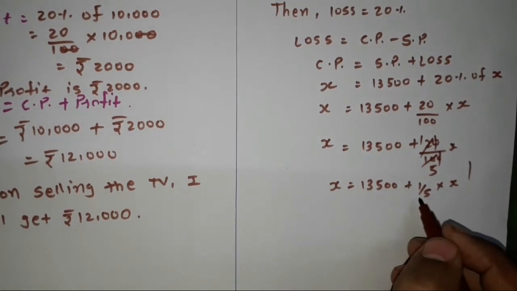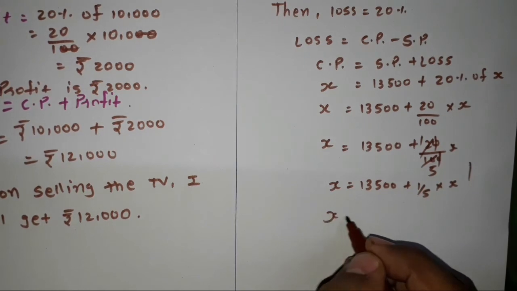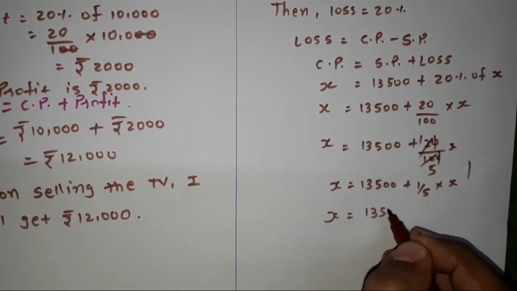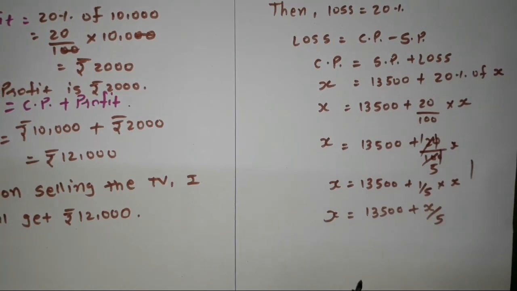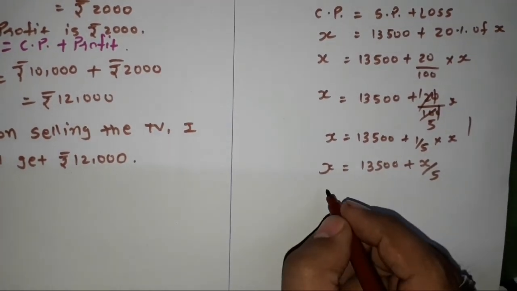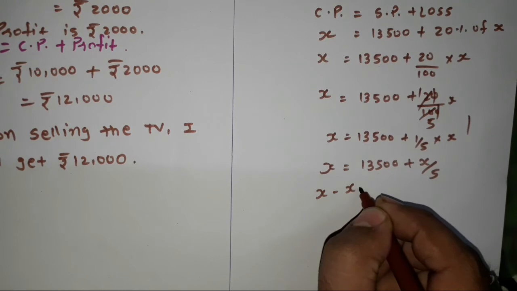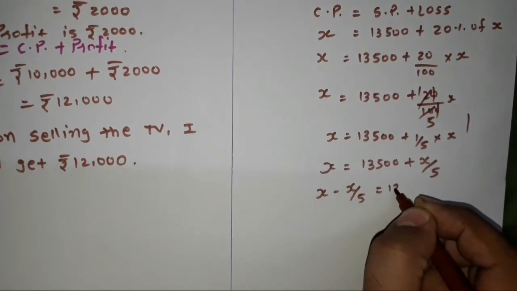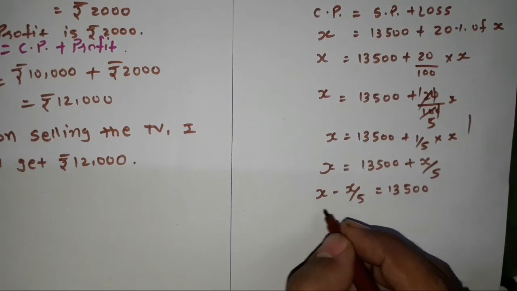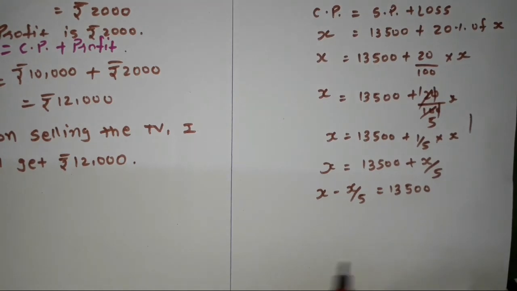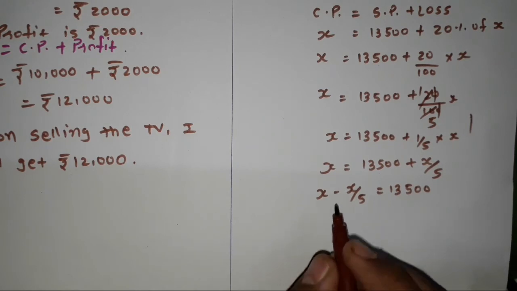Now if I change the side of x upon 5, it becomes negative. So x minus x upon 5 is equal to 13,500. To simplify x minus x upon 5, we need to take the LCM. The LCM of 1 and 5 is 5.